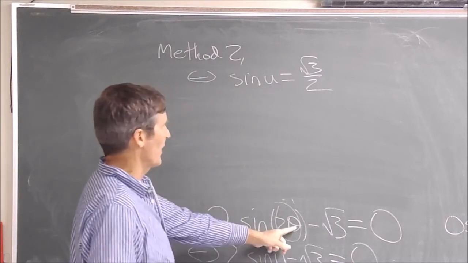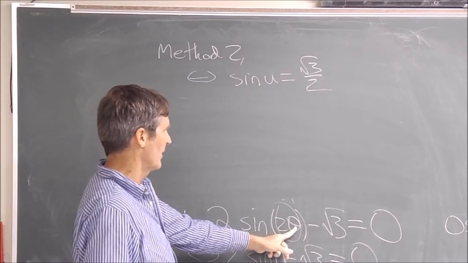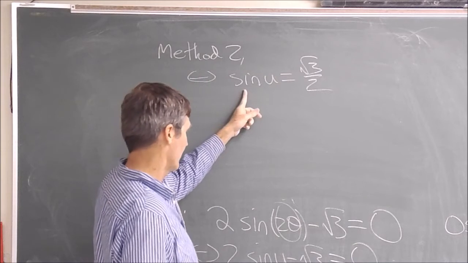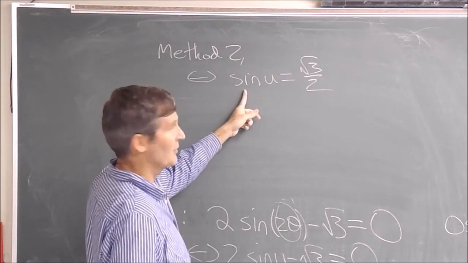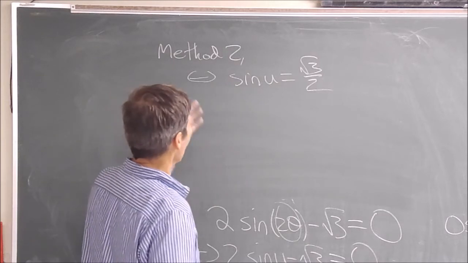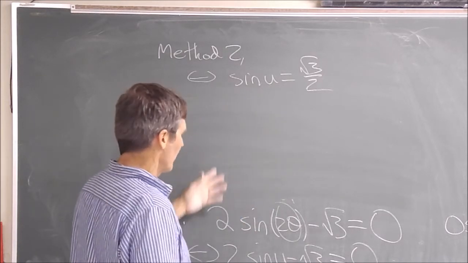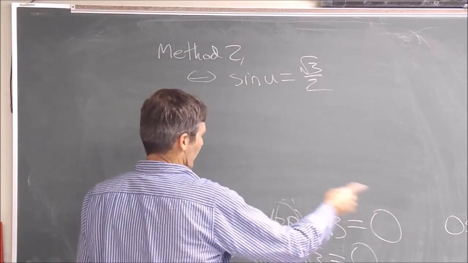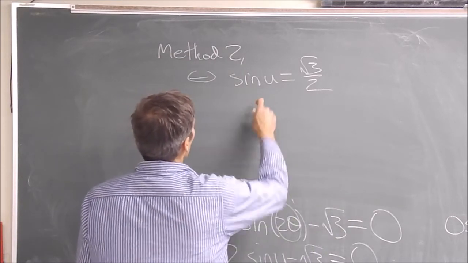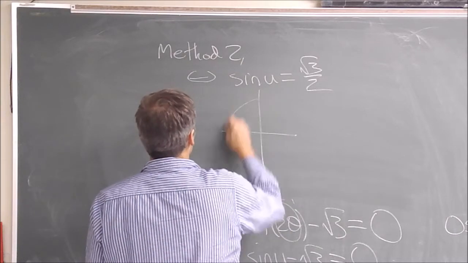Since u is 2 theta, that restricts u to be between 0 and 4 pi, but I think it's easier to just solve for all u, and then at the bitter end, go back and find which values of u correspond to theta being between 0 and 2 pi. So I'm going to solve this in the unit circle for all u.